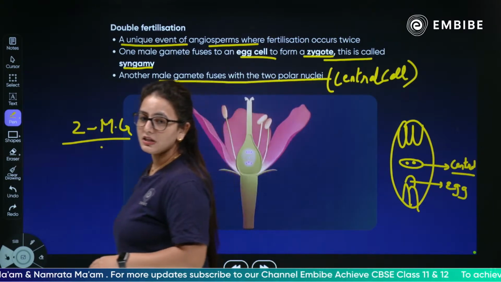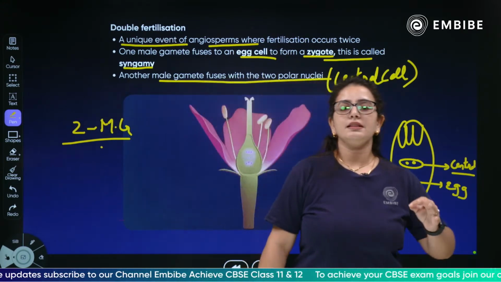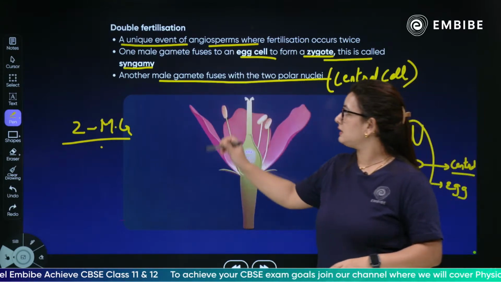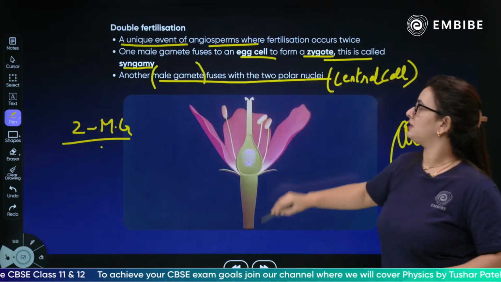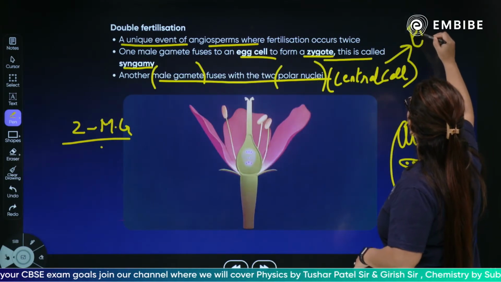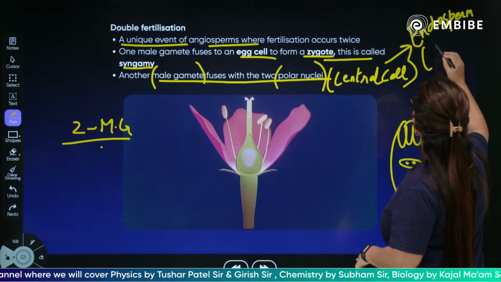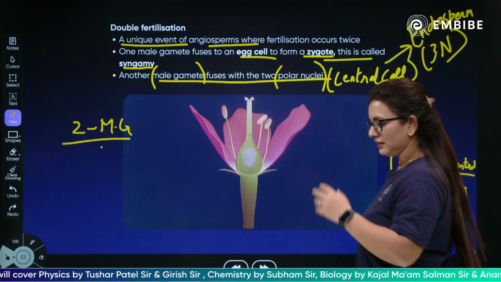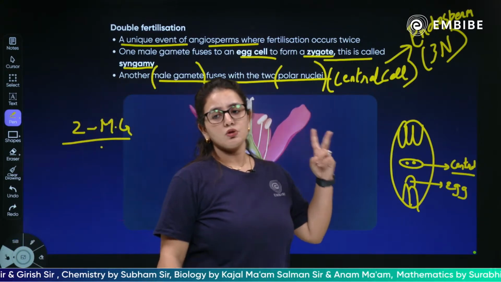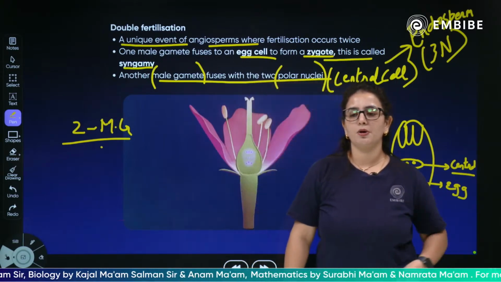If another male gamete fuses with the polar nuclei, it will give rise to an endosperm, and the ploidy will be triploid, because two polar nuclei plus one male gamete make three. So it is going to be a triploid region.